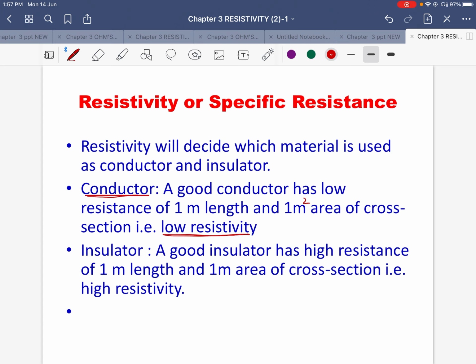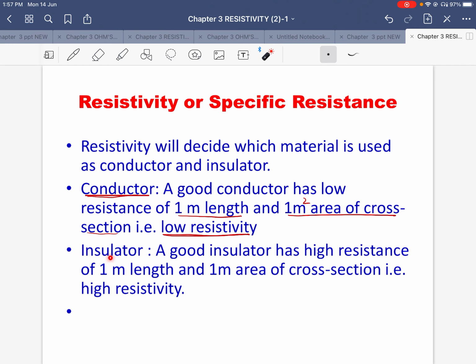Resistivity low means it has low resistance of 1 meter length and 1 meter square area of cross section. So current will be more. If resistance is low, then current will be high, then that will be the good conductor. So those materials will be a good conductor if they have low resistivity.